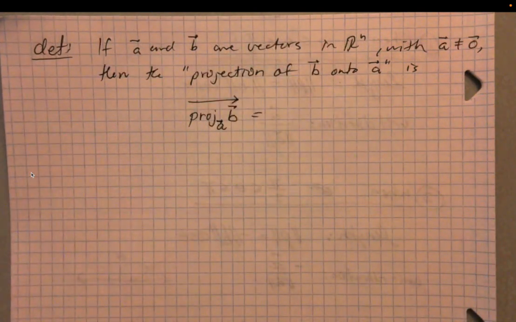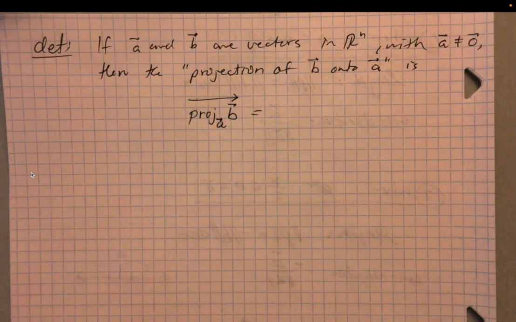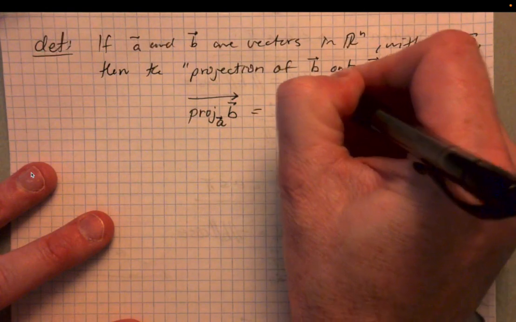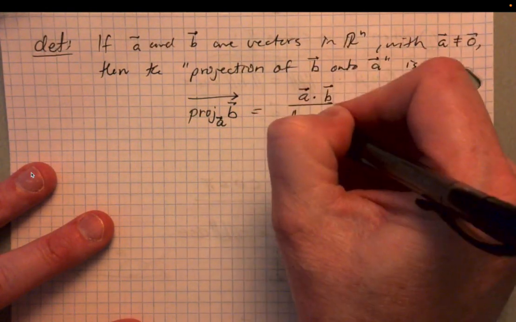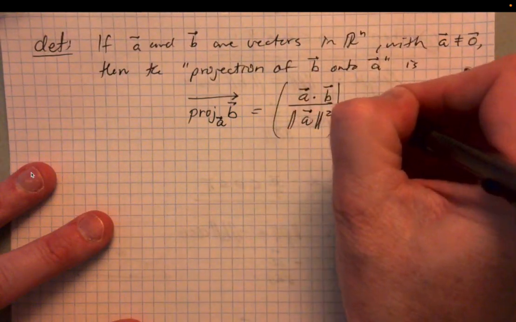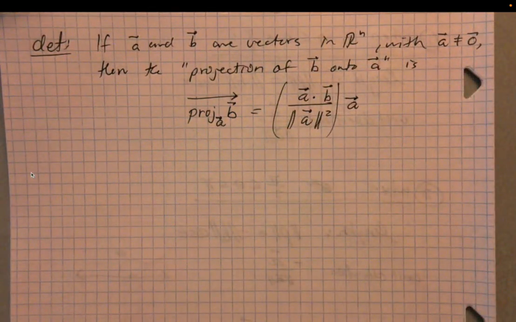Again, this is a vector. This is the projection of B onto A, what we were previously referring to as P. And that's equal to what we just saw: A dot B divided by the norm of A squared, that's a scalar, times the vector A. All right, so that is the definition of the projection.